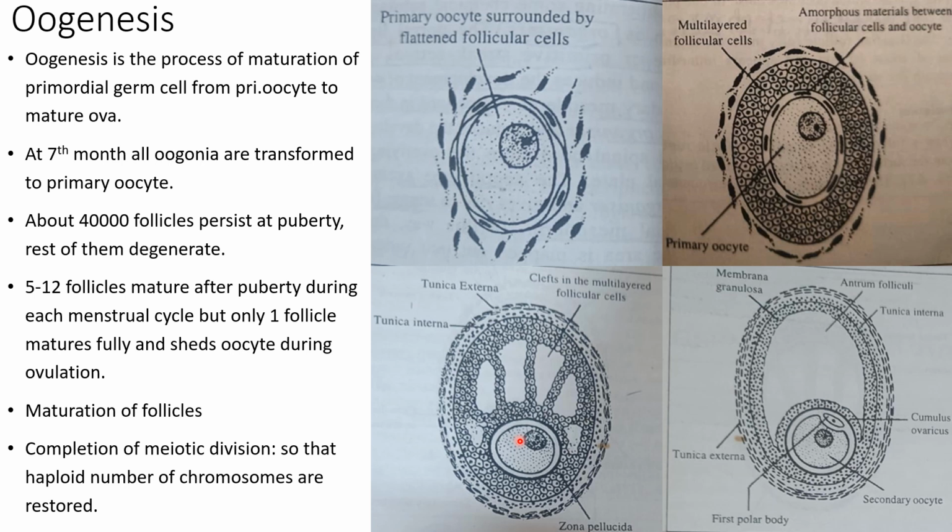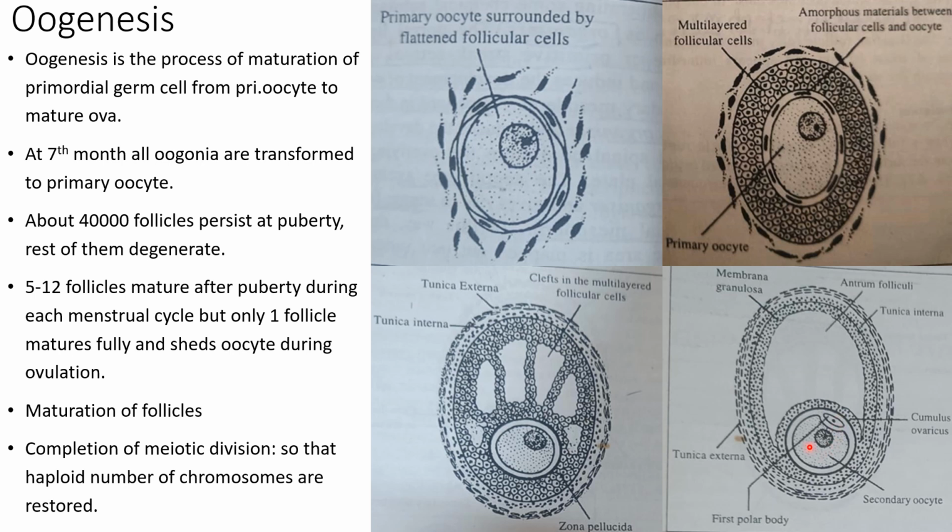As it is the first meiotic division, it is a reduction division. We know that the primary oocyte has diploid number of chromosomes, so when it divides, it will give rise to two daughter cells, secondary oocyte and first polar body.